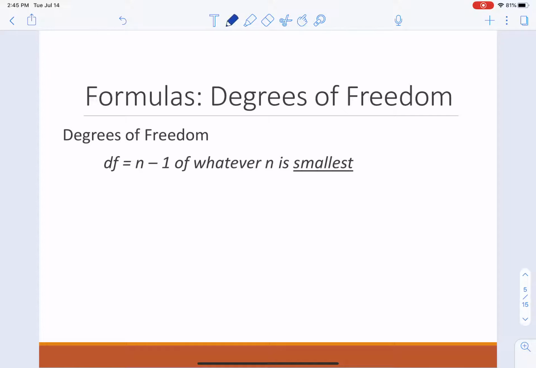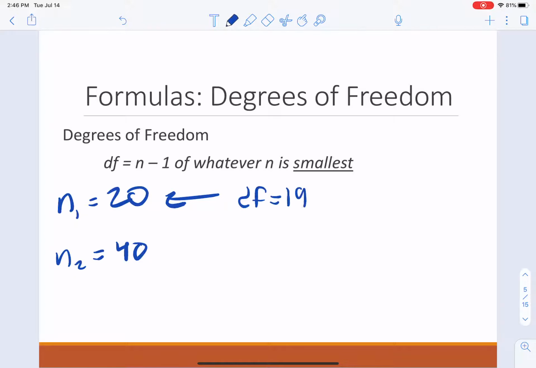So if we have a sample size n of group 1 that is 20, and a sample size of group 2 that's like 40. Now that's pretty different, still, decent, whatever. We would go with the degrees of freedom based on this one, right? So the degrees of freedom would be 19, n-1 of the smallest.